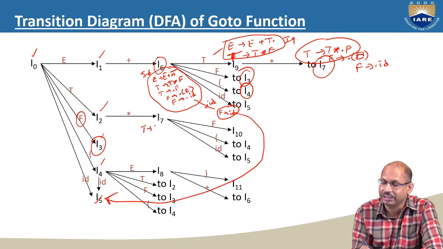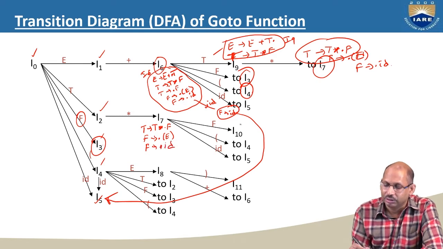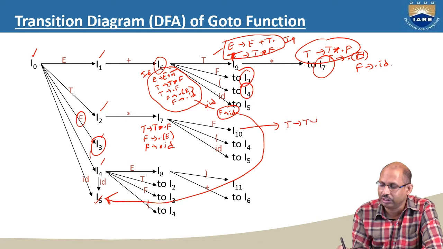T gives T into dot F. So F gives dot left parenthesis E, F gives dot ID. Right? So here dot F. So I10 is T gives T into F dot.